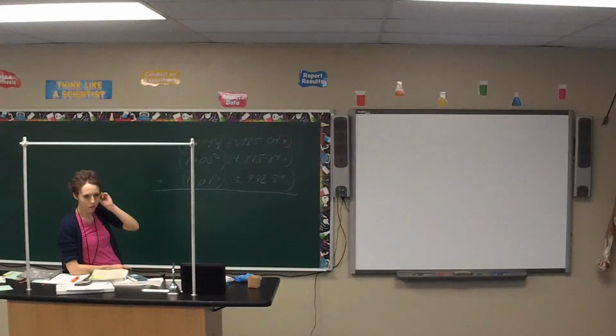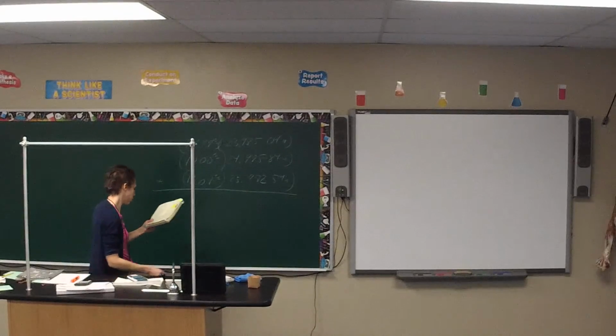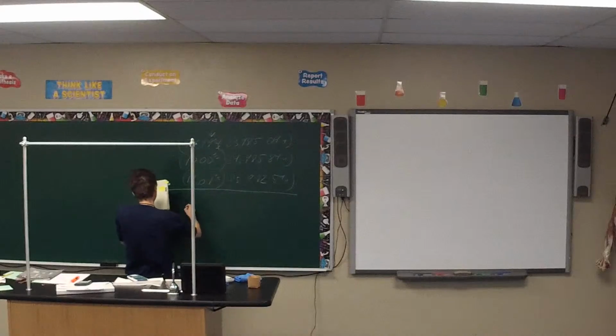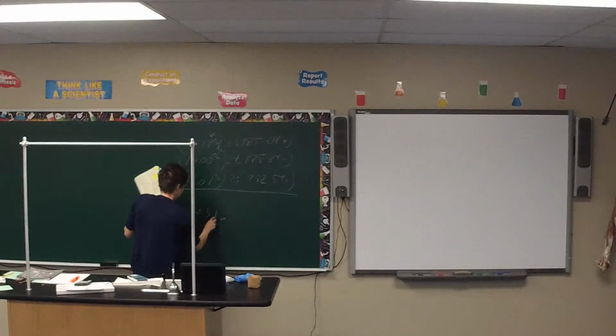Raise your hand if you want to be the brave soul that thinks they got it right. Alright, Ethan, what you got? 24.3 atomic mass units. Super close. You're off by 1, because remember, what place should you round to? Oh, 24.31 atomic mass units. Good job.